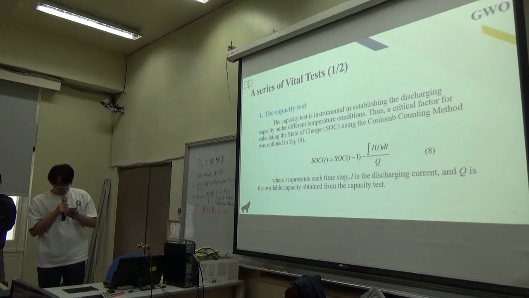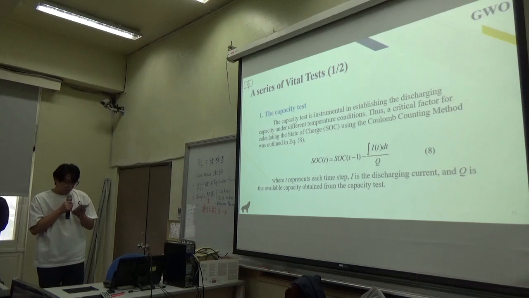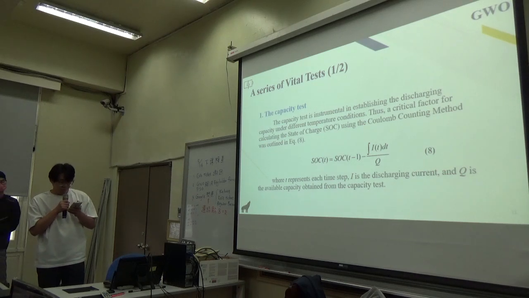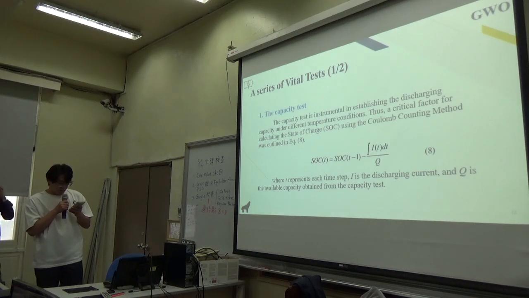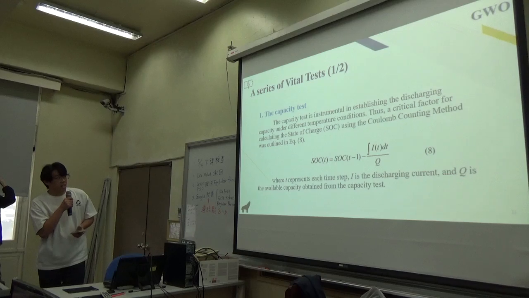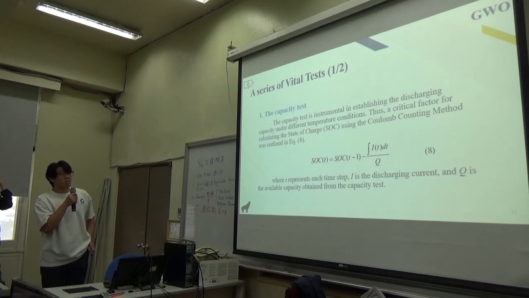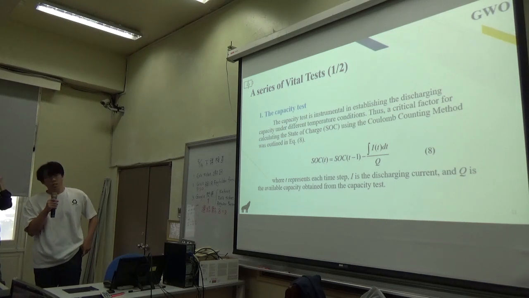Moreover, in order to construct an EEC model, a series of virtual tests needed to be conducted on the battery cell. These tests encompassed the capacity test, OCV-SOC test, and dynamic voltage response test. The capacity test is instrumental in establishing the discharging capacity under different temperature conditions.